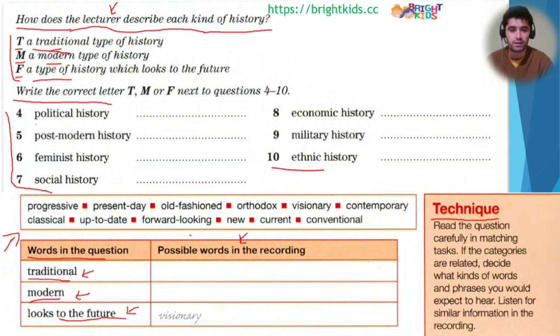In this task, our job is to separate these words into three categories: traditional, modern, and looks to the future. The first one has already been chosen, which is visionary. Visionary can be a synonym of looks to the future, right? Now I'd like you to look through all these words and put them in three categories, and later I'm going to reveal the answers.